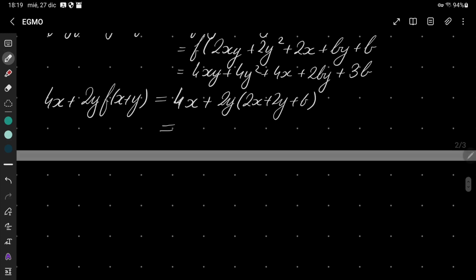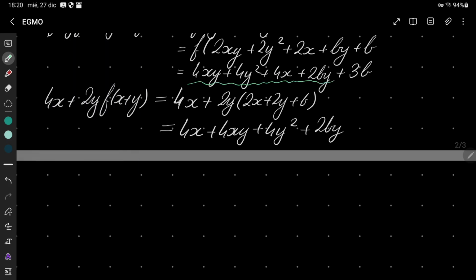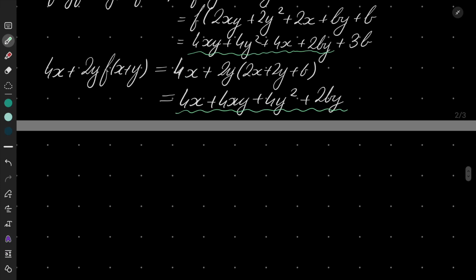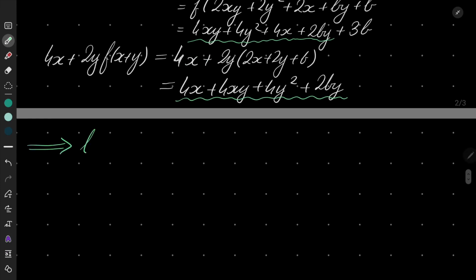And that is 4 times x plus 4 times xy plus 4 times y squared plus 2b times y. And if you look closely, this part is exactly the same as this part. So for this equality to be always true, it has to be that b equals 0.